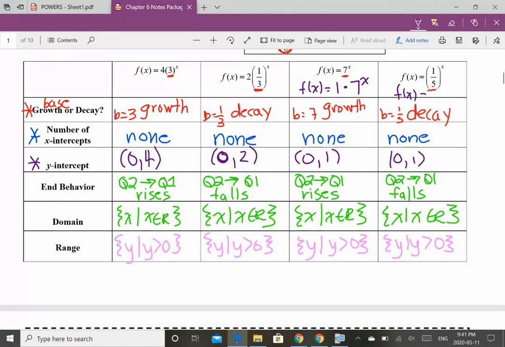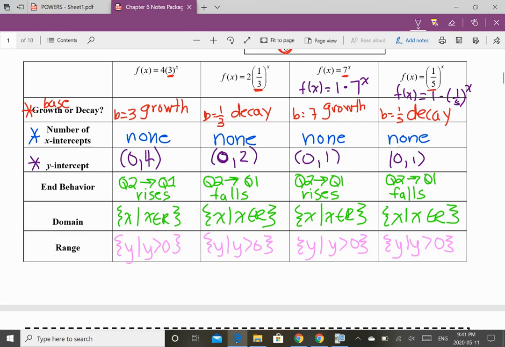This could also be written as 1 times 1/5 to the power of x. We just don't write a coefficient of 1, but it is there, and so our coefficient does indeed connect to our y-intercept.